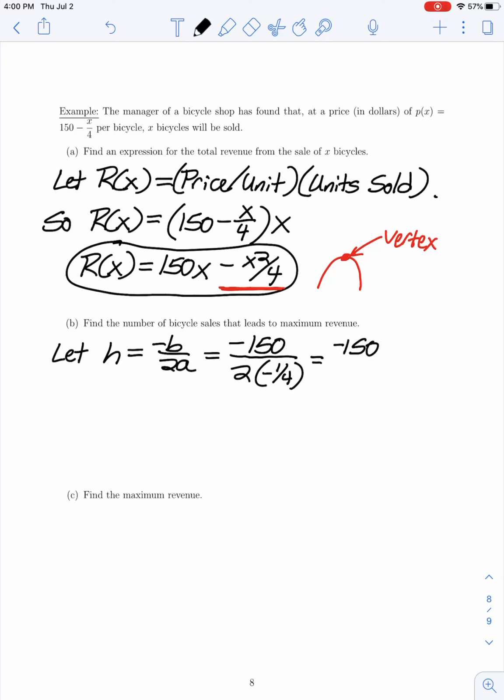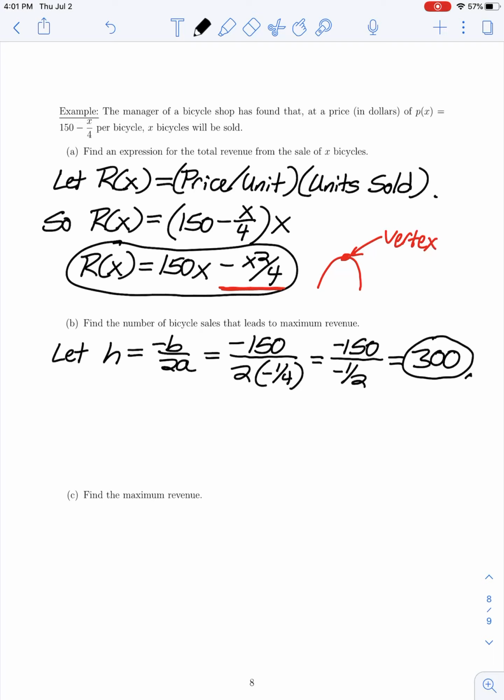So we have negative 150 divided by 2 times negative 1/4, which is negative 1/2. So dividing by negative 1/2 is the same as multiplying our numerator by negative 2. So our negative 150 times negative 2 would give us a positive 300. So we want to sell 300 bicycles in order to achieve the maximum revenue.